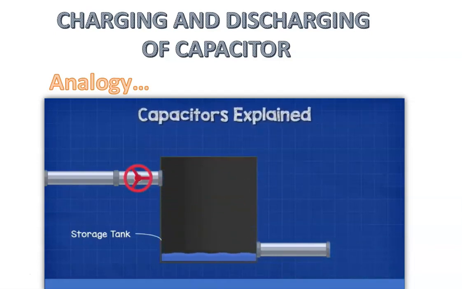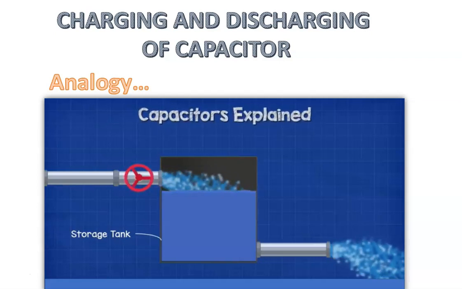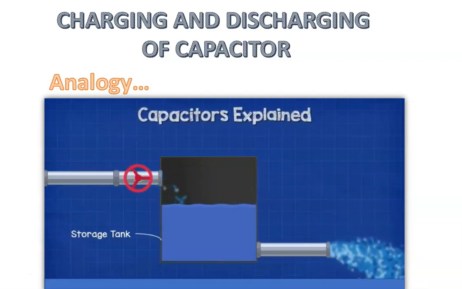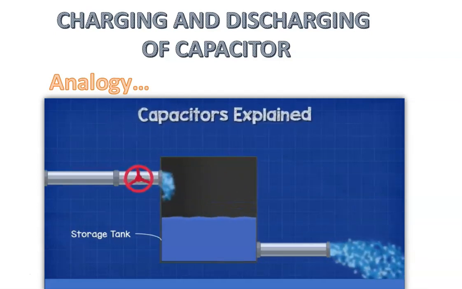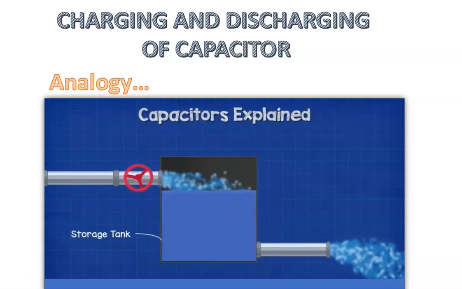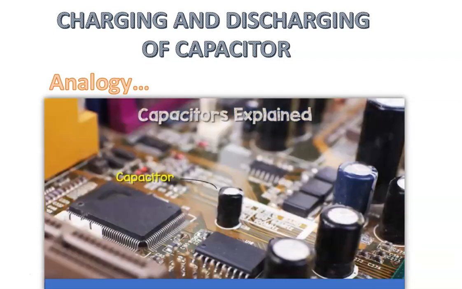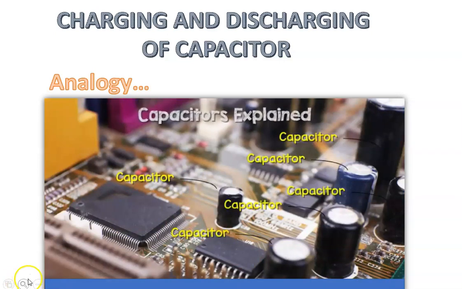Once the tank is filled again, we can again get water supply by opening and closing the valve as many times as we like. So we can get undisturbed water supply by filling the tank again before it is empty. So we can compare charging a capacitor with the water tank source.